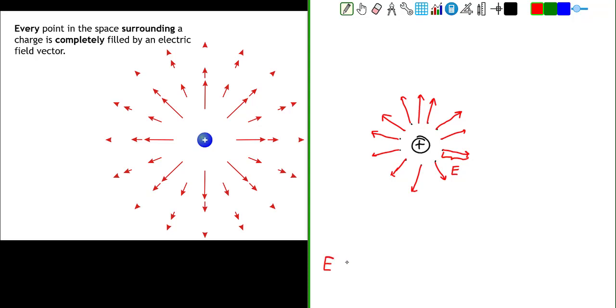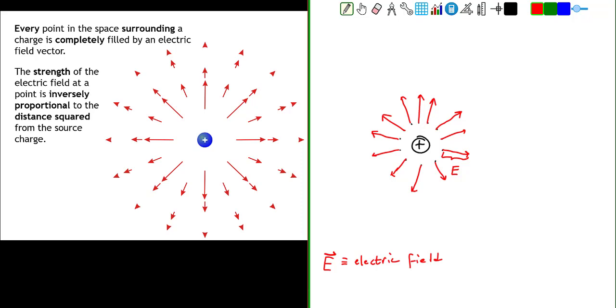We use the variable E to represent electric field. And being a vector, the electric field has a specific magnitude and a specific direction at every point in space for this charged particle.